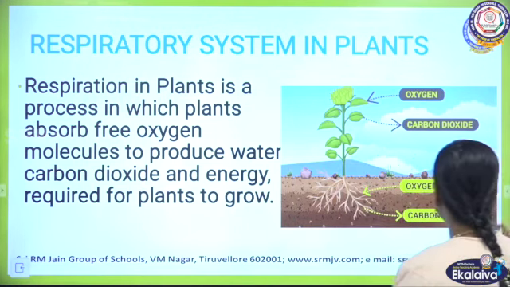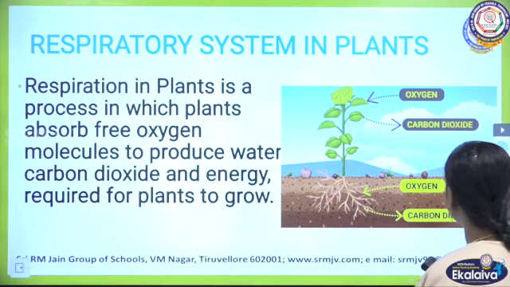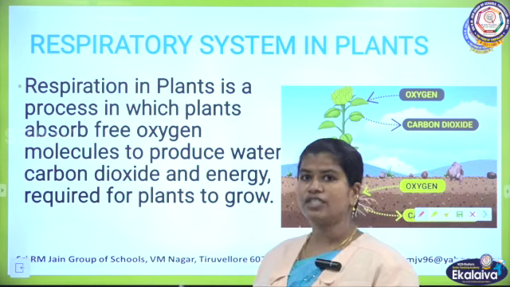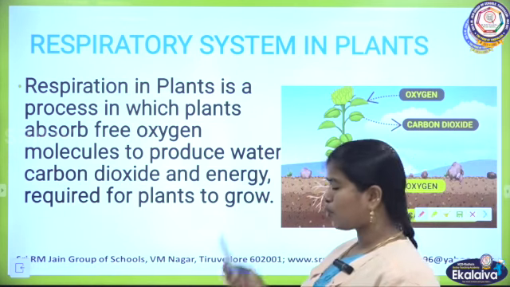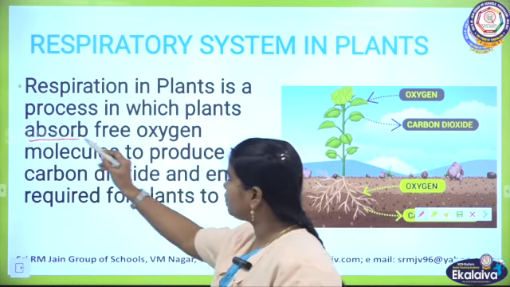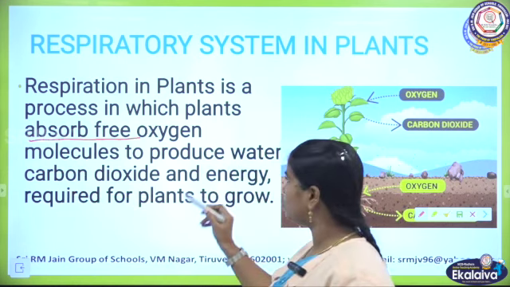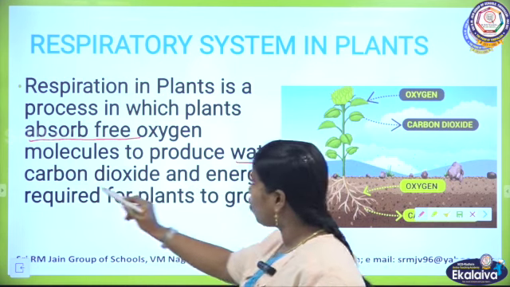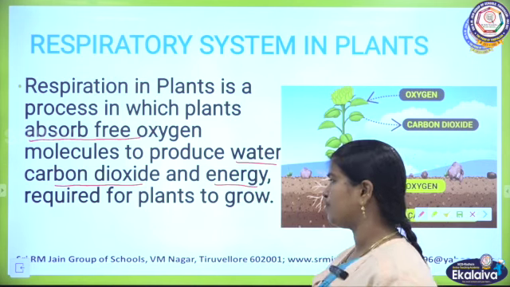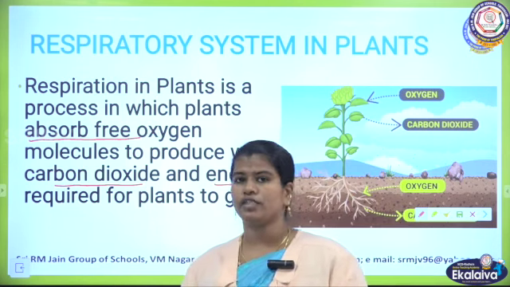So first let us define what respiration is in plants. Respiration in plants is a process in which the plant absorbs free oxygen molecules to produce water, carbon dioxide and energy, which is required for the plants.